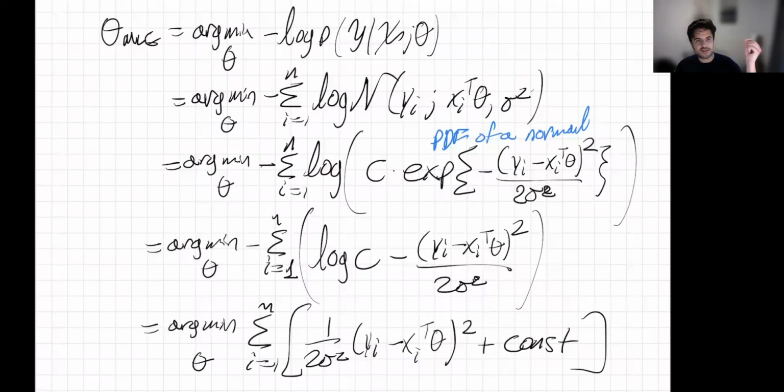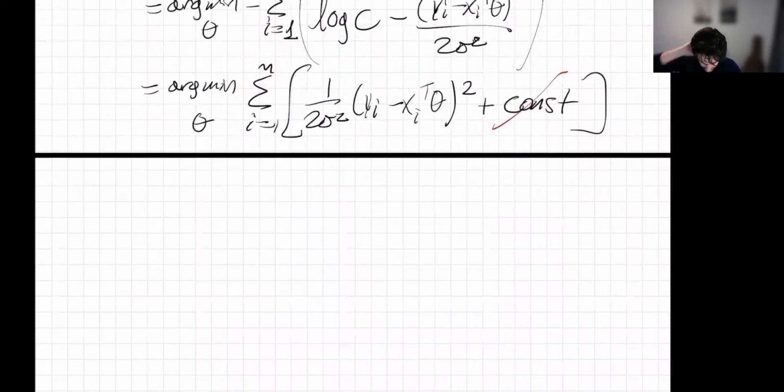So if I change theta as I'm optimizing theta, this remains constant. That's why I can just ignore it, meaning that the argmin of this whole quantity is the same as the argmin of what remains if I remove the constant. It's the same minimizer if I shift things up and down.